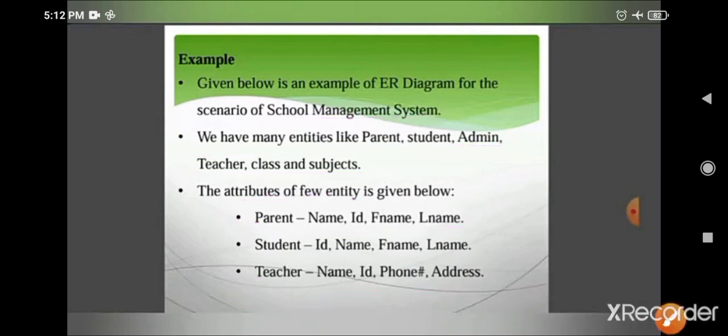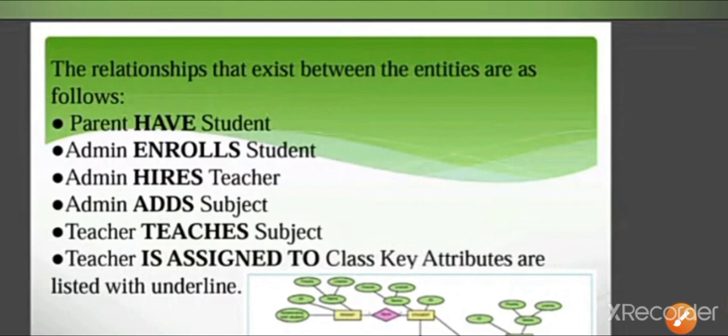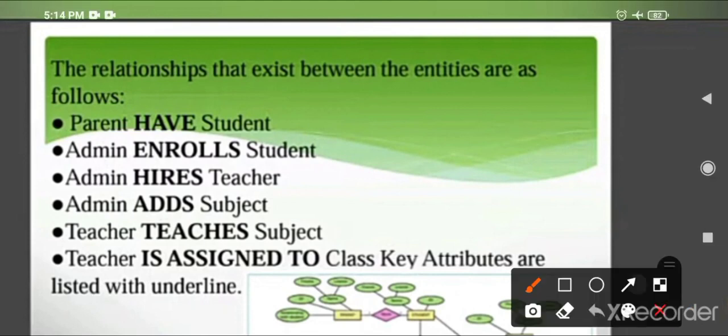Here we can discuss one ER diagram. It should be located in your book at page number 66, figure 3.12. The relationships that exist between the entities are as follows.